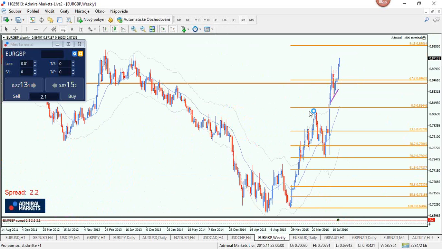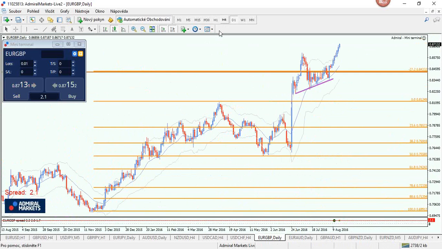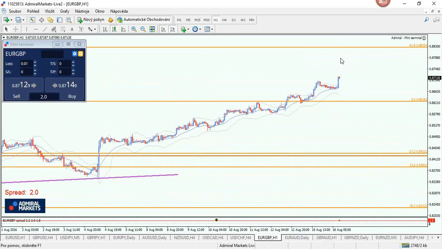Let's put a fib from here to here. And let's put a fib from here to here. 88.25. So there is some space left.